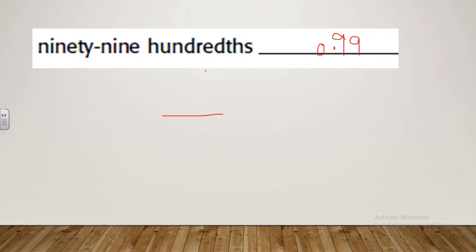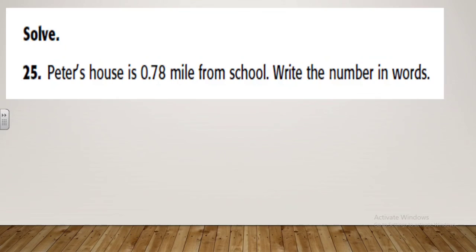We will write this number in the numerator, 99, and the point is after two numbers, so that will be over 100. Let me ask you a question here. Can we make it simpler? No, we can't, because there is no number that we can divide the numerator and denominator by, okay?